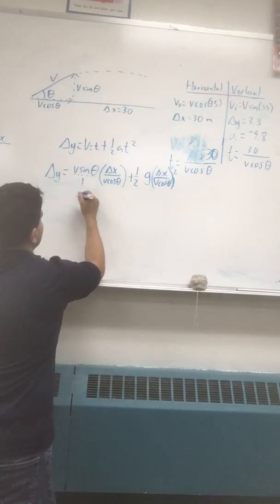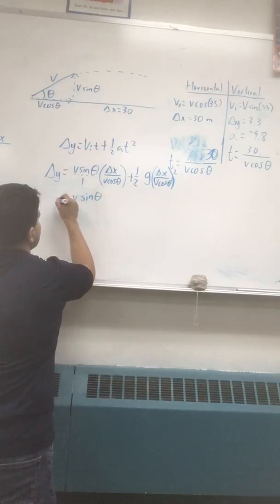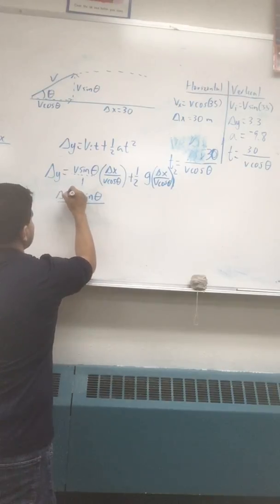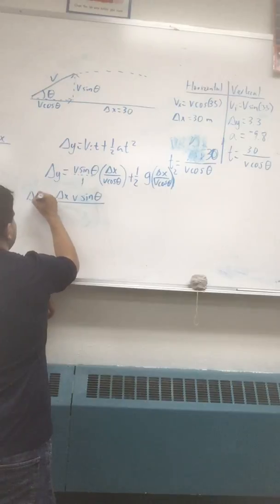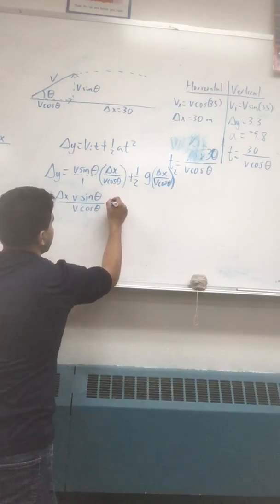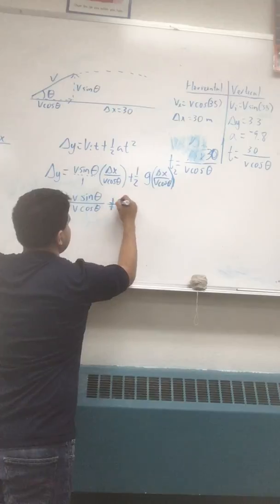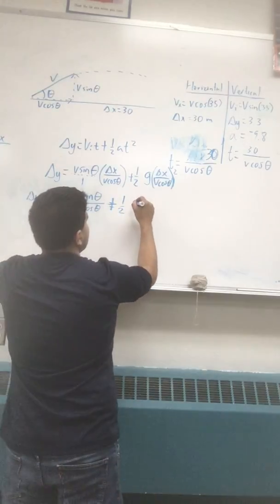So I can just multiply across and I get V sine of the angle times change of x all over V cosine of the angle equals, plus 1/2 g.